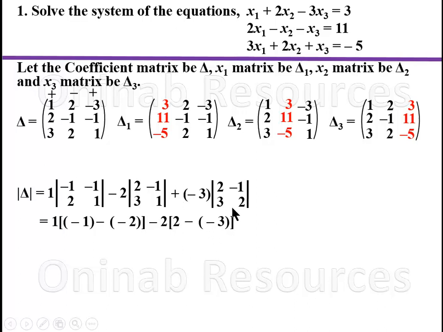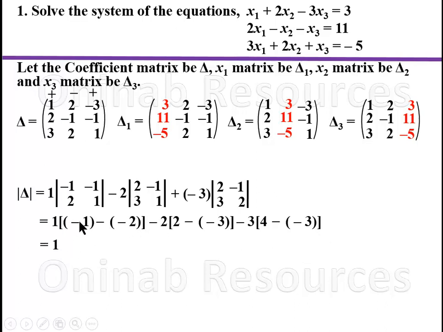So plus minus gives negative. So we have 2 times 2 gives 4, minus 3 times -1 gives -3. So here we now remove the inner bracket first.